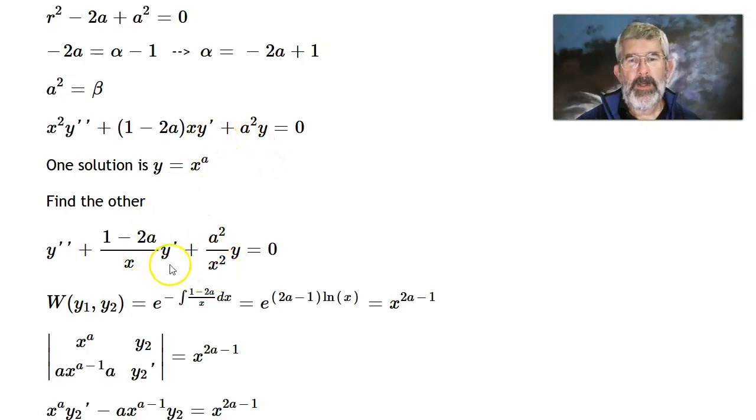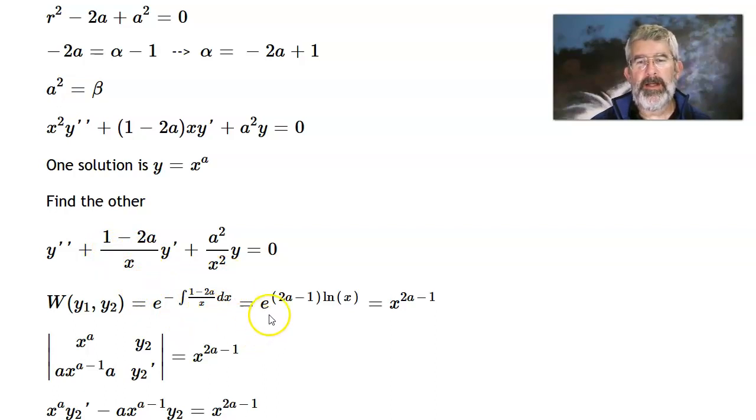So Abel's theorem says that the Wronskian of two solutions is going to be equal to some constant times e to the integral of minus p of t dt, or in this case p of x dx. Here p is (1 minus 2a) over x.